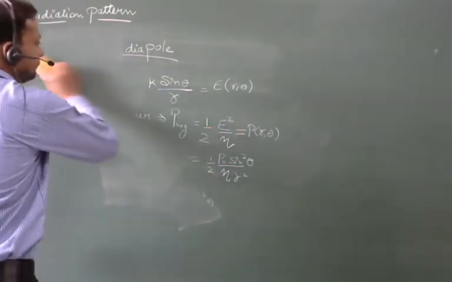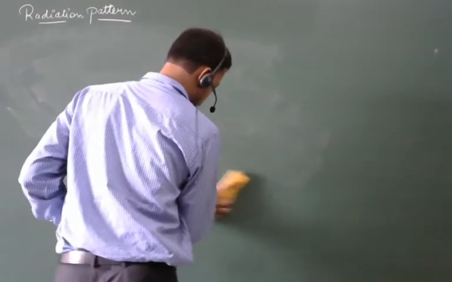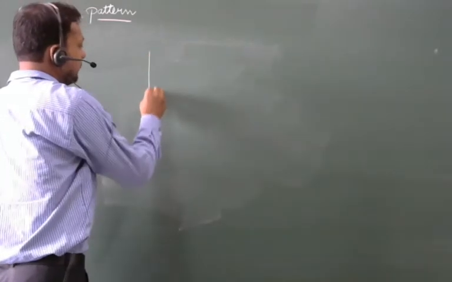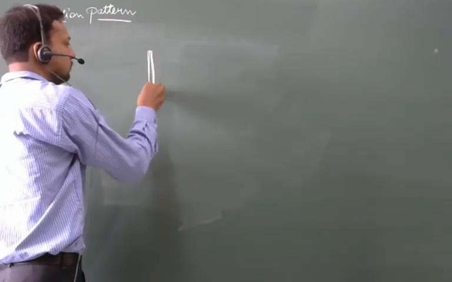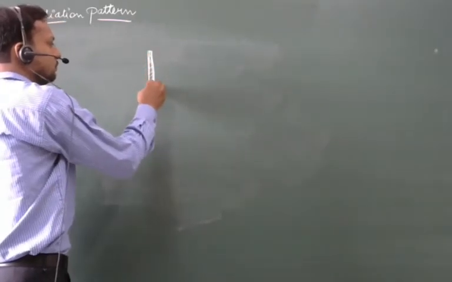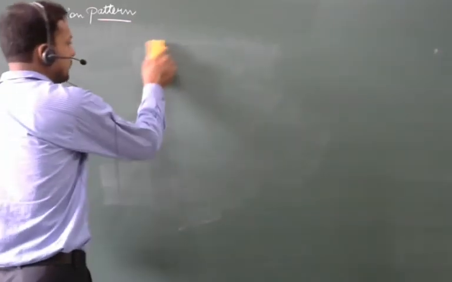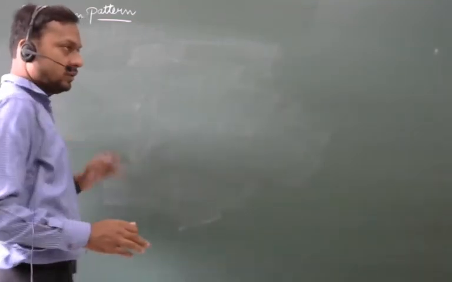Basically, the shape of the wire antenna is like this. Now to understand how a Hertzian dipole radiates, first we have to understand the basics of the dipoles, how dipoles work.